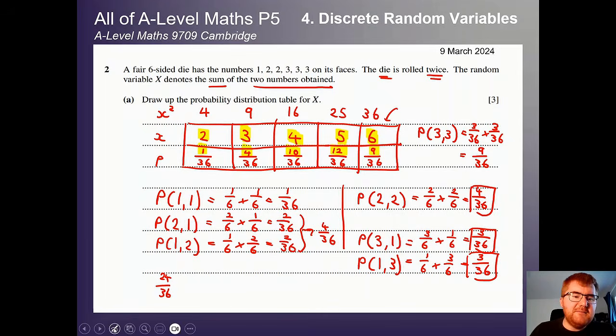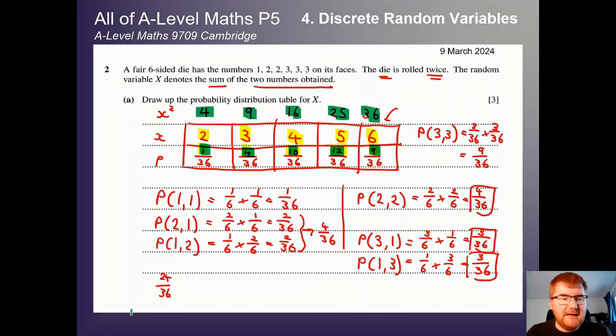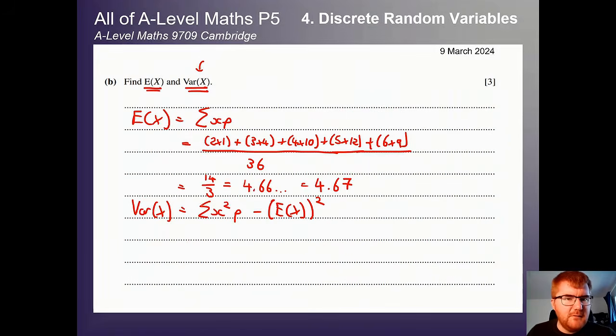And again, we're using the same sort of highlight method here. Let's use a slightly different color. This time we're going to be multiplying these 4, 9s with the numerators here. Highlighting just makes sure you keep track of exactly what you're multiplying and working out. So let's work this out together. First of all, it's over 36, and that's not going to change.